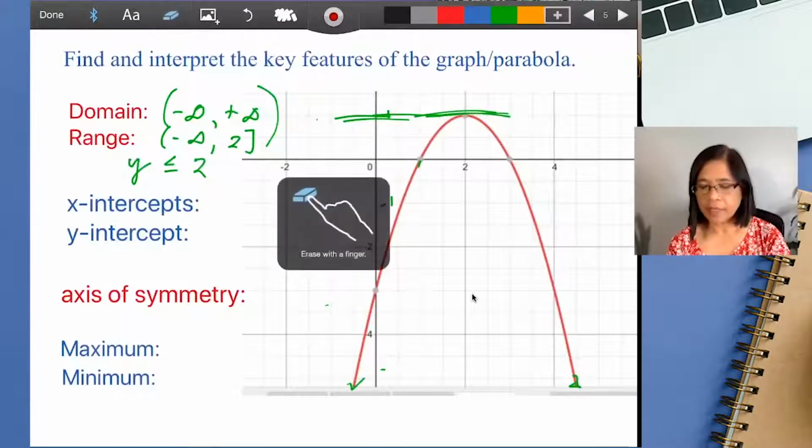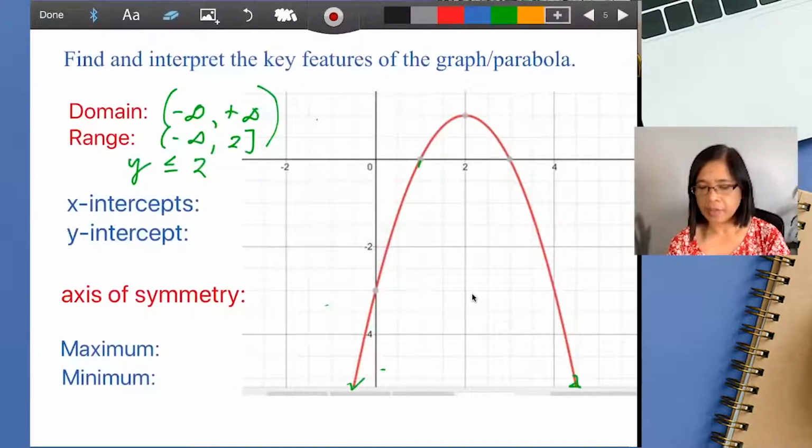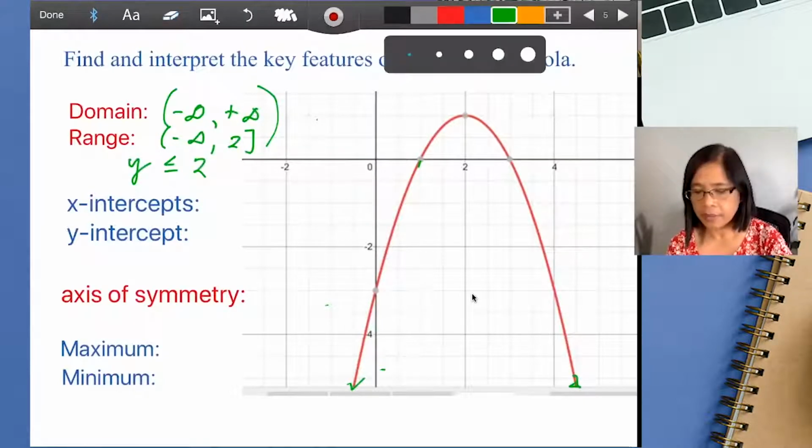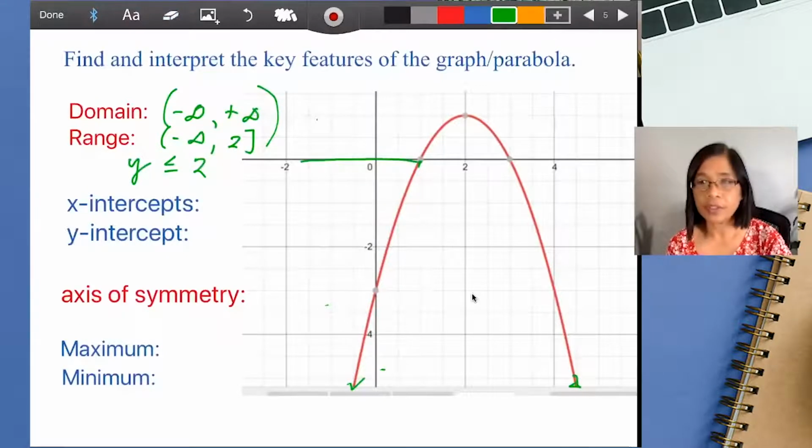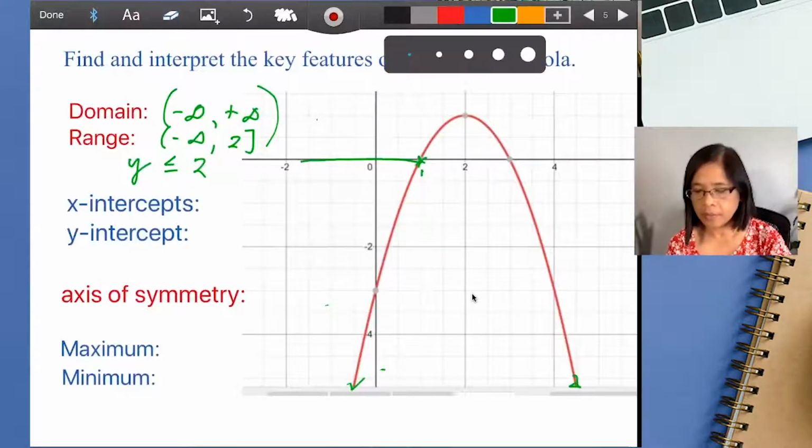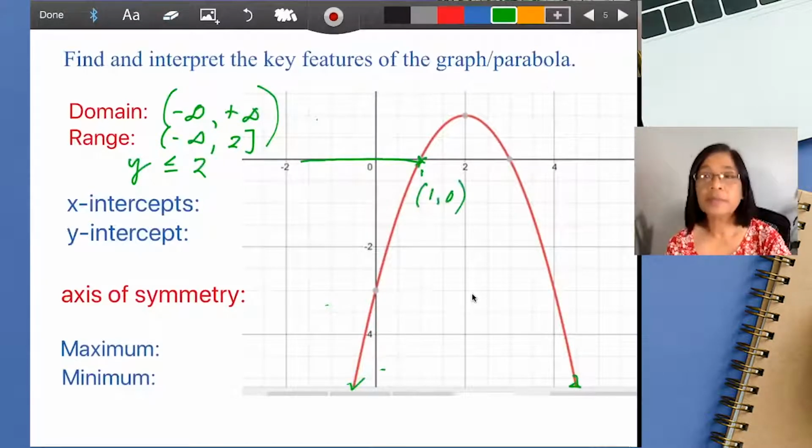Now let's find the x-intercepts. Sketch this again on your notebook. To find the x-intercepts, let's draw a line along the x-axis and stop at the point of intersection. This point here is called an x-intercept, and we can find the coordinates of this point, which is 1, 0.